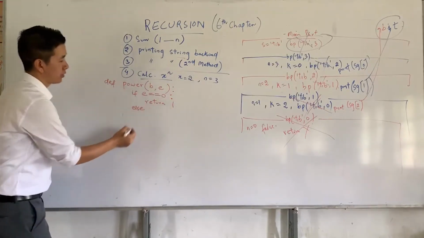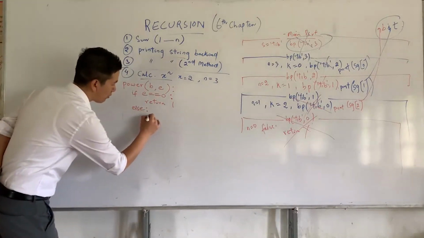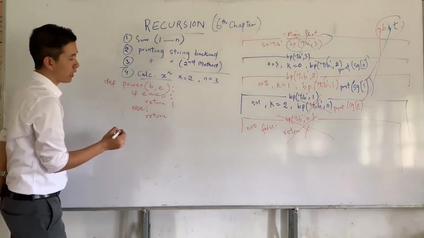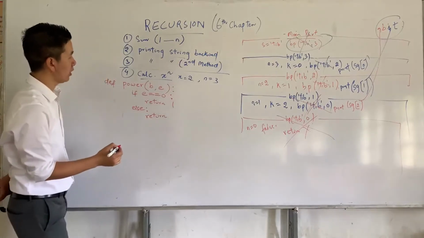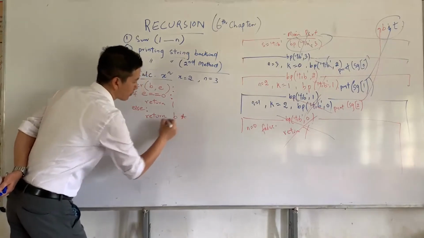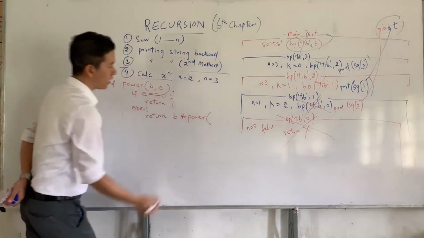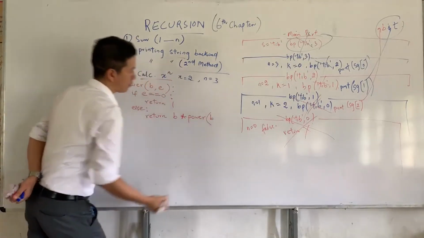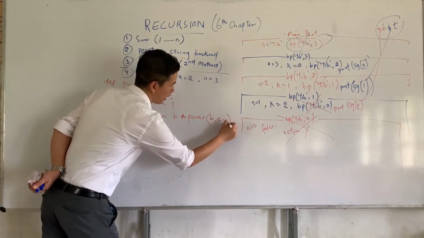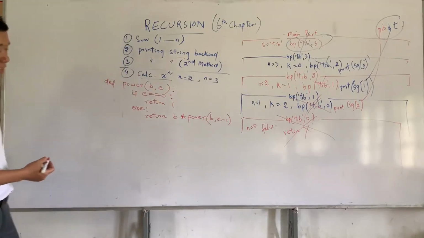However, else, if the value of e is not equal to 0, then I should come up with the all important statement of return, and then you will have b, alright, multiplied by the recursive call to the power function, and then you will always have b as it is, but I need to deduct the value of e by 1. Okay, b comma e minus 1. I guess that's the end of the program.